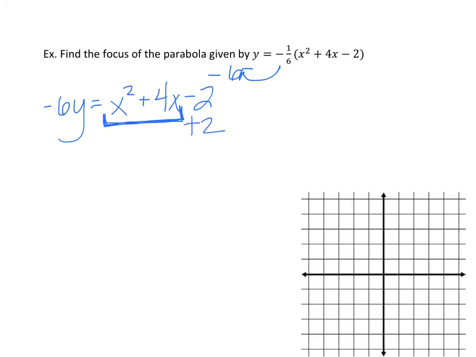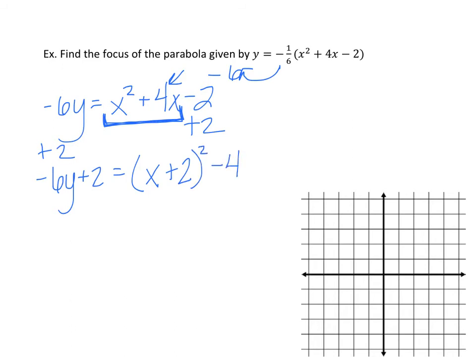So I'm going to add my 2. Negative 6y plus 2 equals, then I'm going to complete the square with the x's. Half of that number would be 2, positive 2, squared, minus 2 squared is 4. Then I'm going to add my 4 back over to the other side. Negative 6y plus 6 equals x plus 2 quantity squared.